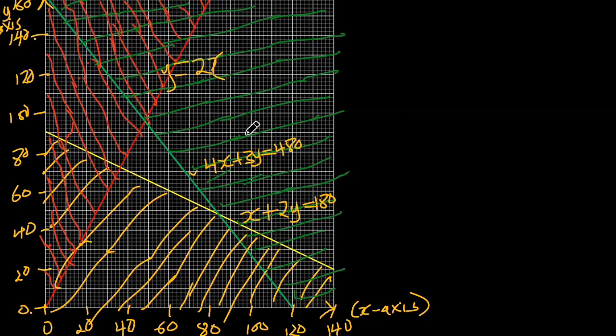After drawing these lines, we remember that the line itself is drawn with the equal sign. We don't use the inequality sign. The inequality sign is shown by the type of line that is drawn.